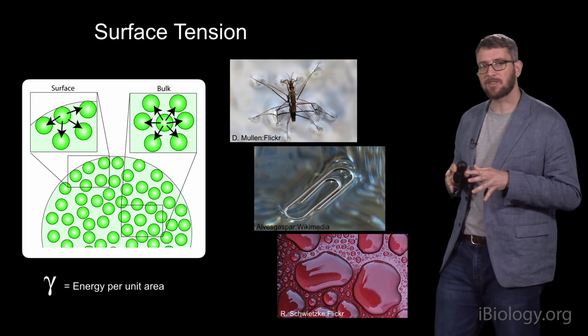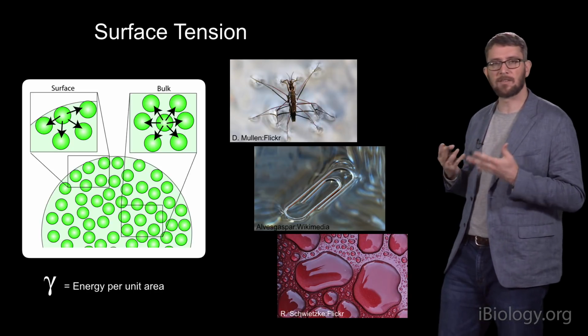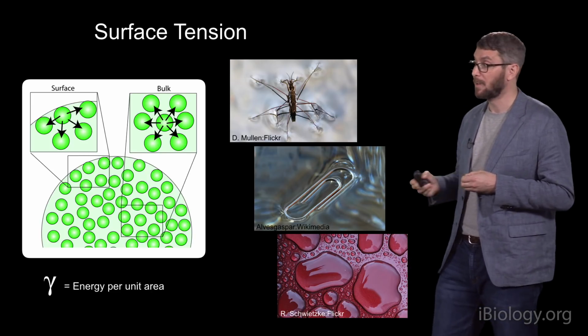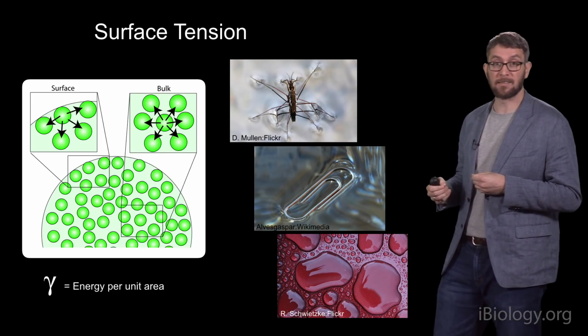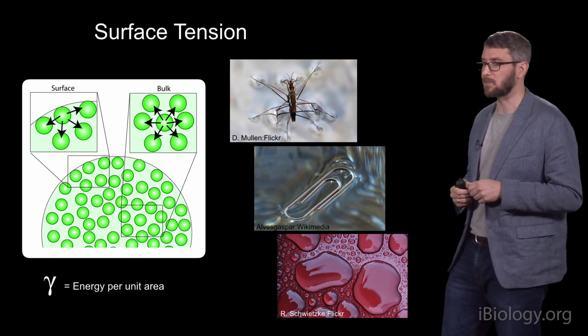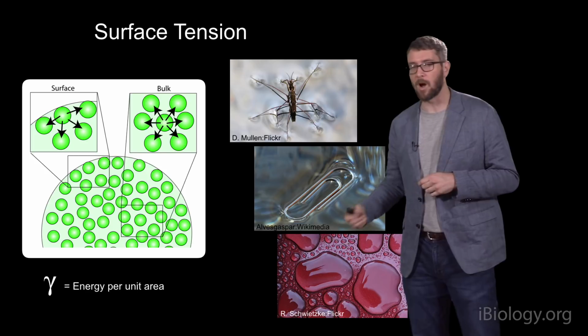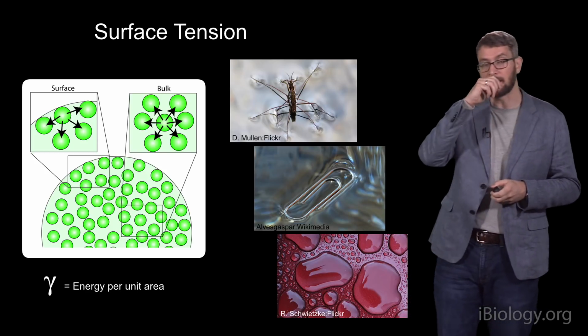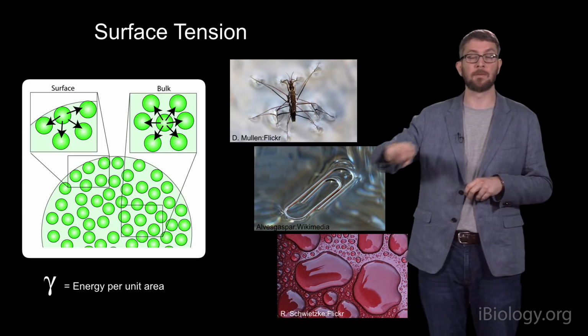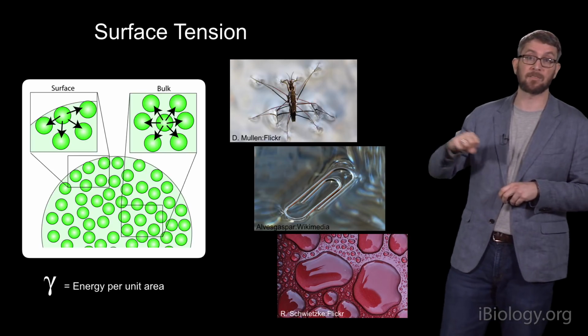The manifestation of surface tension is something we're all familiar with from things like water-walking bugs, or the fact that in some cases we can get paper clips to float on water because of these surface tension effects. Or if you were to wash your car and put some wax on it, you'd watch the water droplets bead up on that surface.